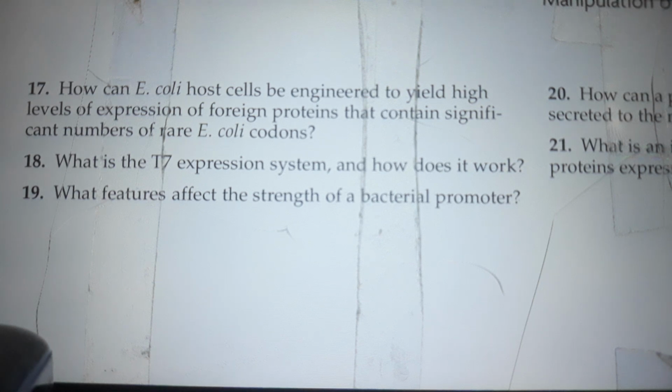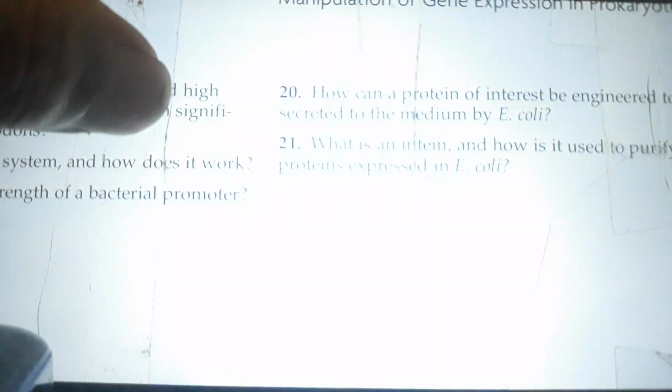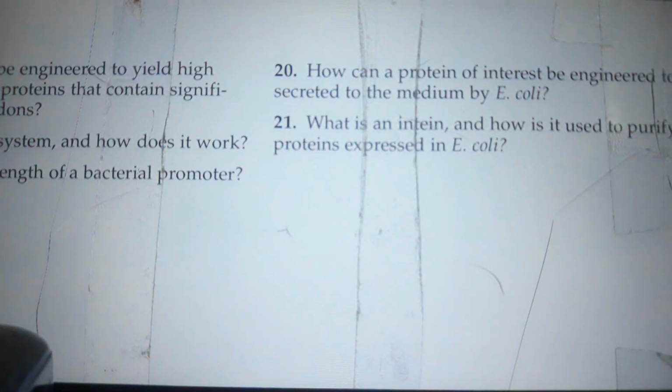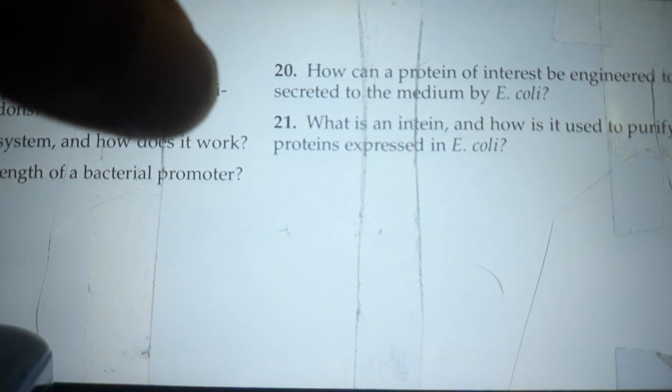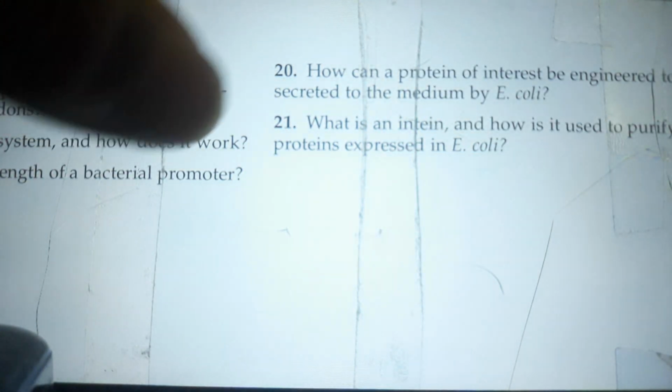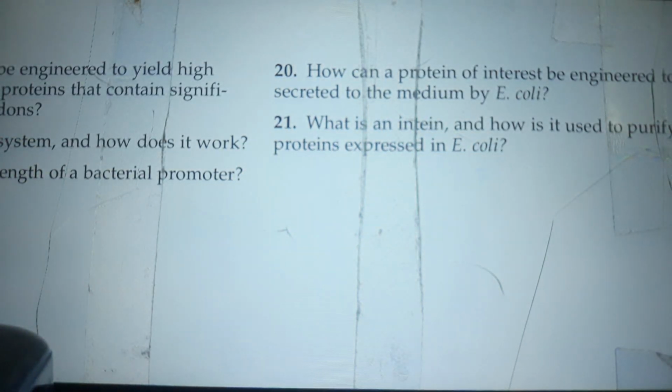Number 19: what features affect the strength of a bacterial promoter? Number 20: how can a protein of interest be engineered to be secreted to the medium by E. coli? And what is an intein and how is it used to purify foreign proteins expressed in E. coli? So that winds up the review questions for Chapter 6.